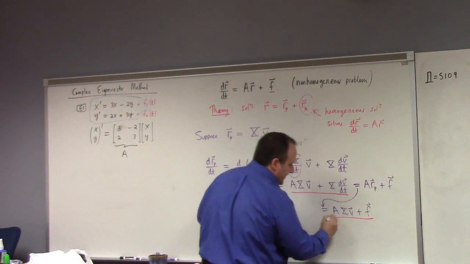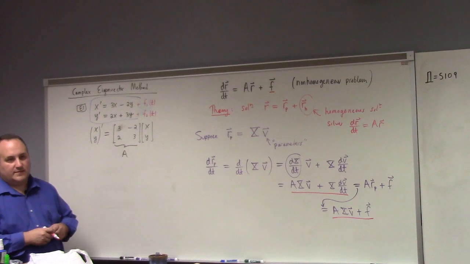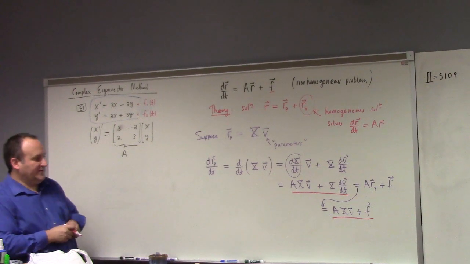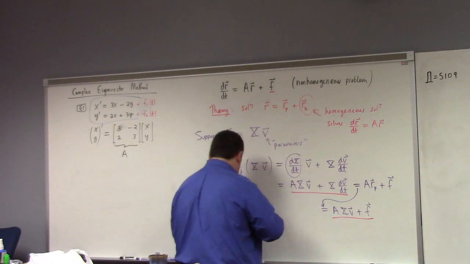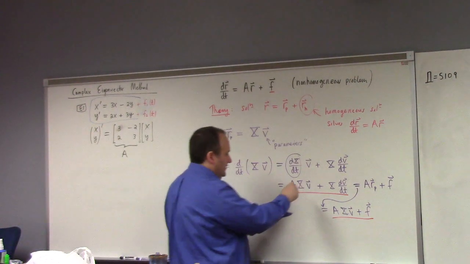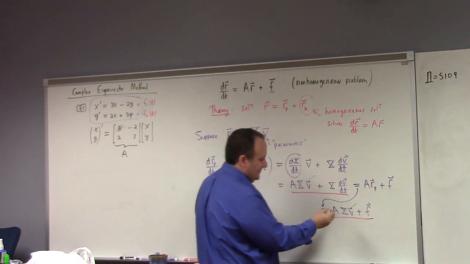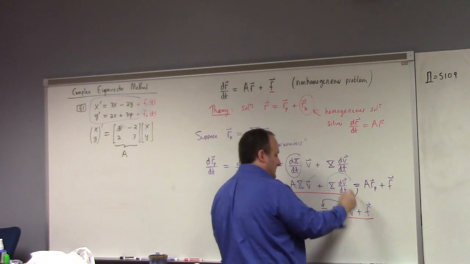It has to be equal to that right there if my guess is going to work out. Oh, hey, look, stuff cancels. Woohoo! Right? Huzzah! Sorry. I'm an idiot. But this has to be equal to that.